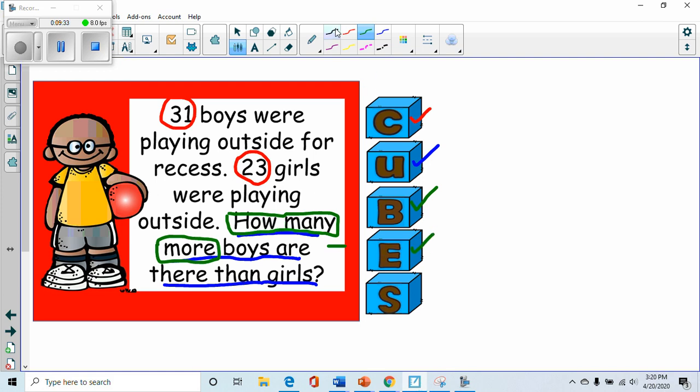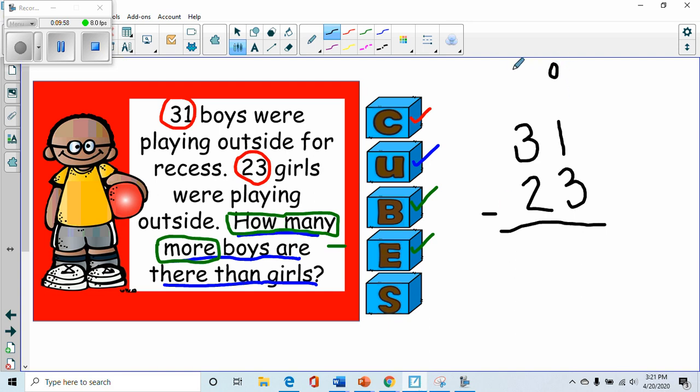Let's solve. Again, I need to make sure that if I'm subtracting, the larger number gets stacked on top. So the 31 will be stacked on top, and the 23 representing the girls will be stacked underneath. And let's put our subtraction symbol.